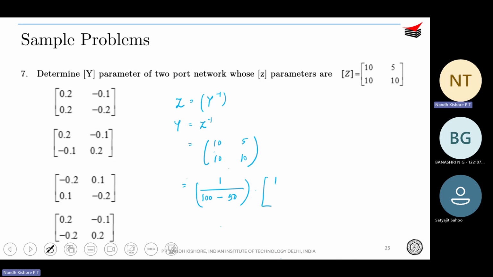And then what is the matrix? The principal diagonal elements will be 10 and 10. And what happens to the others? It will become minus 10 and minus 5, right?